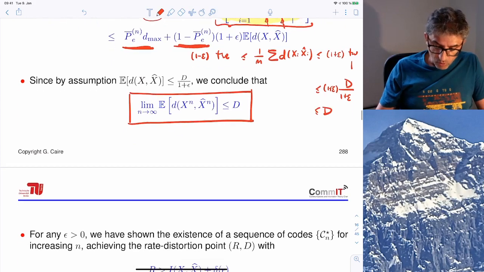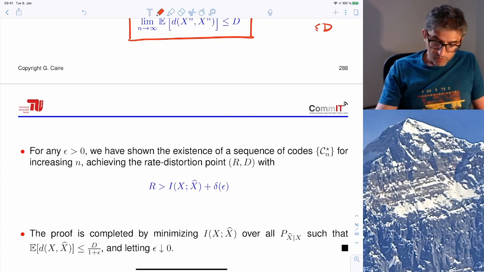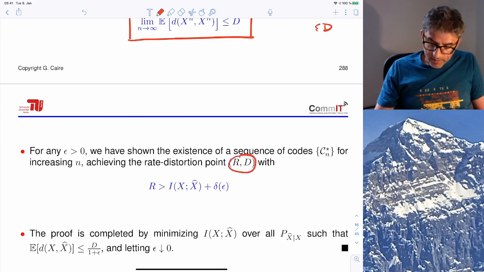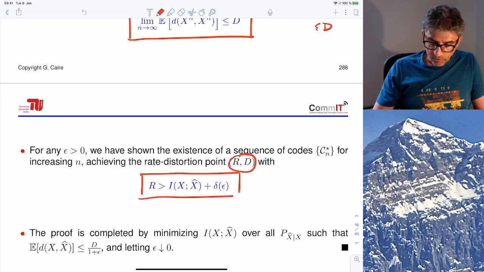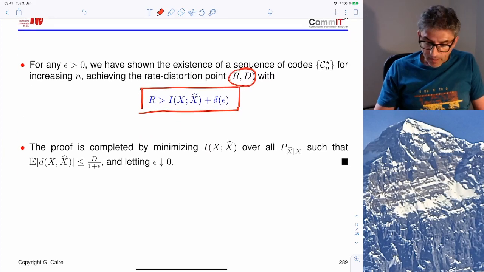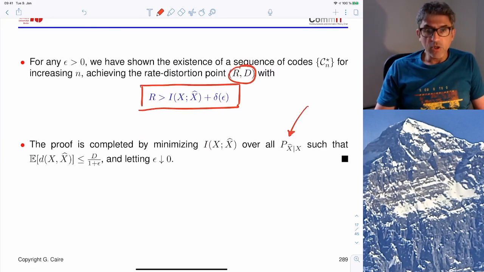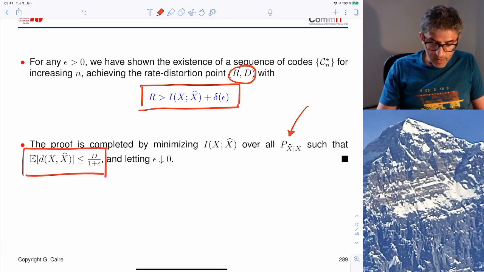So what we have proved is that the pair R and D is achievable provided that R is larger than the mutual information. The proof is completed by picking the conditional distribution that minimizes the mutual information subject to this constraint, and then letting epsilon go to 0.